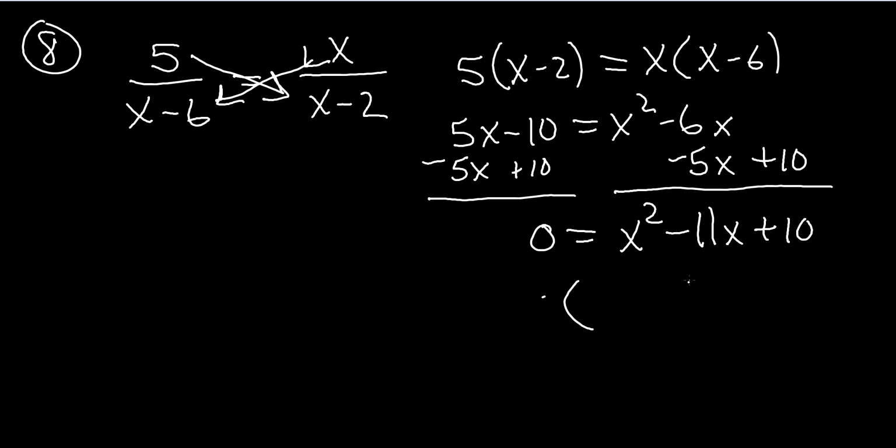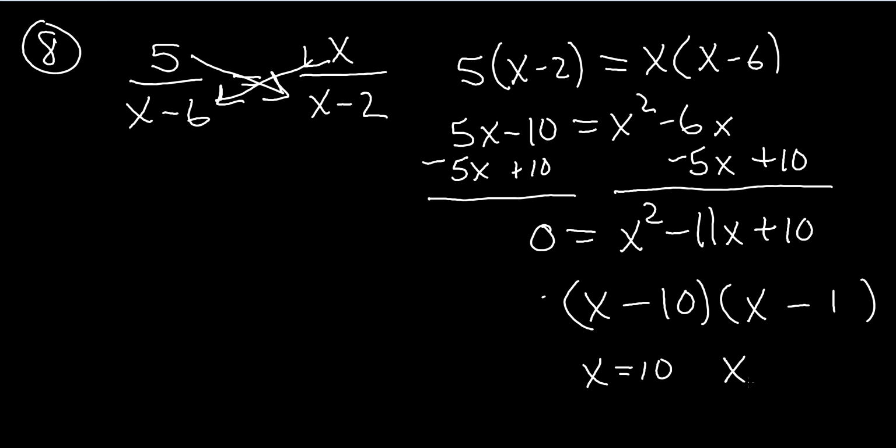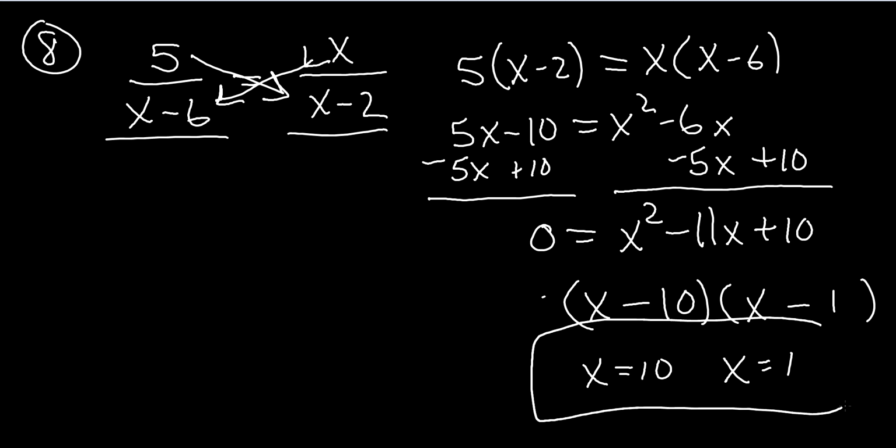When I factor this, I get x and x minus minus, and what are my two numbers going to be? 10 and 1. So x will equal 10, or x can equal 1. Neither number will make a 0 in the denominator of the original equation, so that's a good answer, and we're on to number 9.